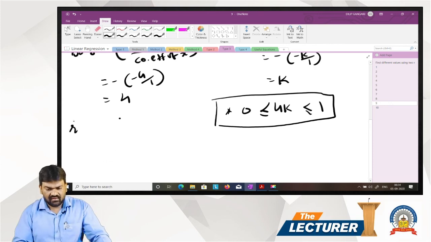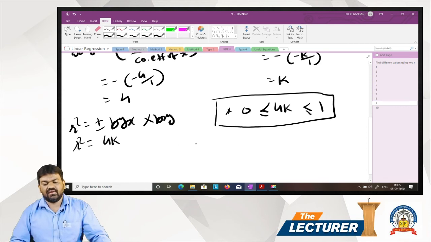What is r square? Plus or minus byx multiplied by bxy. So r square is equal to 4k.